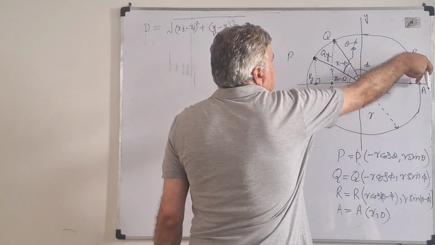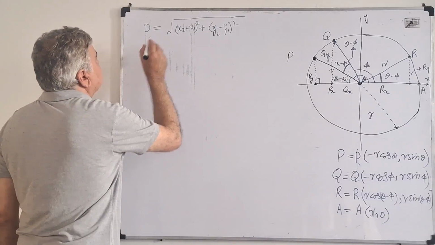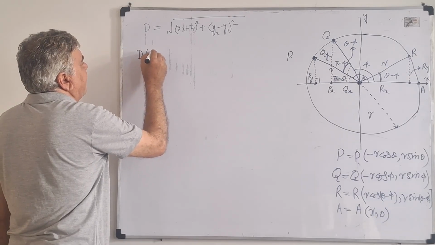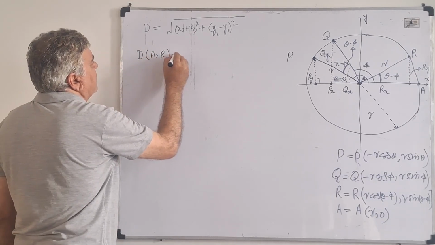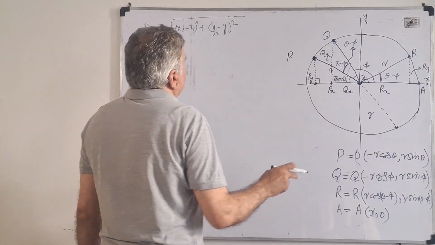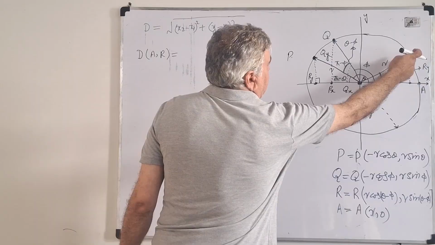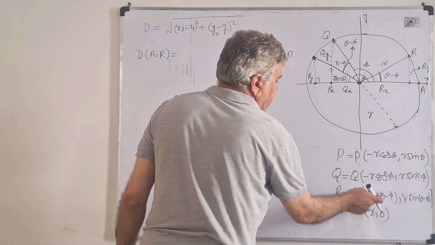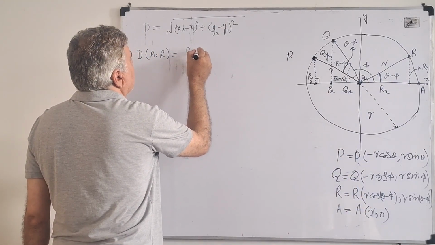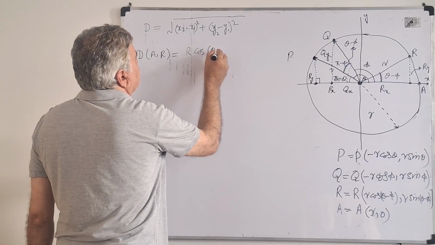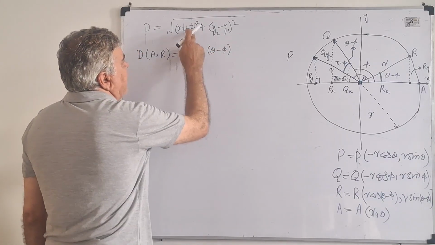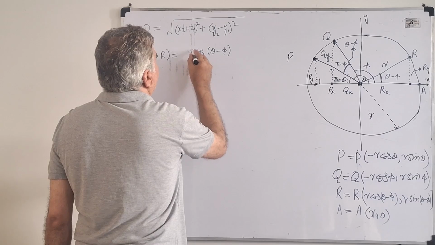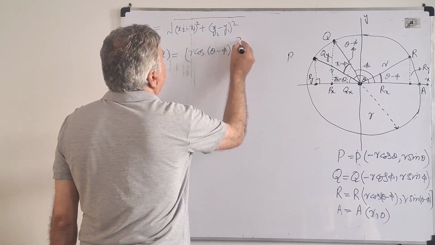Now the distance between these two points according to this equation can be written as the distance between A and R: x2 is the x component of point R, which is r cos(theta minus phi), and x1 is r, so r cos(theta minus phi) minus r, whole squared.